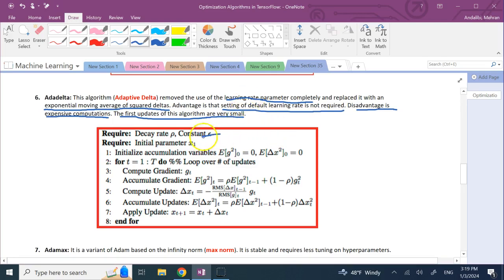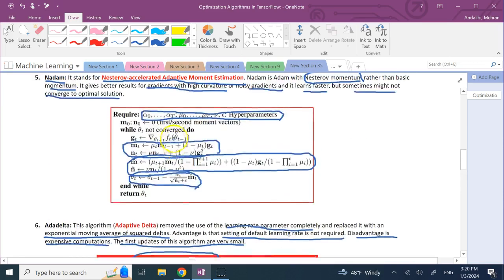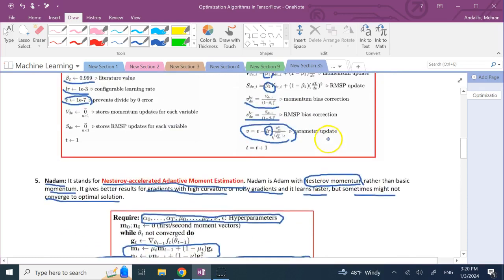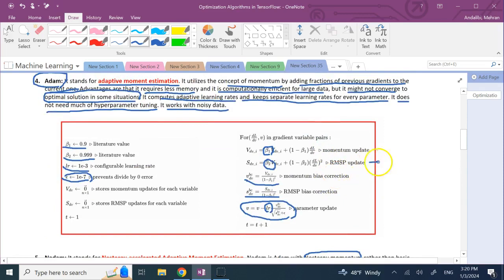But the good thing is it has two hyperparameters. It just has a decay rate and a constant epsilon. Epsilon is no big deal. What you really need is the decay rate for that exponential moving average. And you can see it here again. If you look at this equation, it is the same as this n equation, or the same as this s equation here.